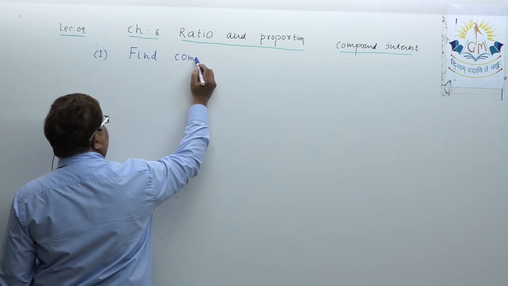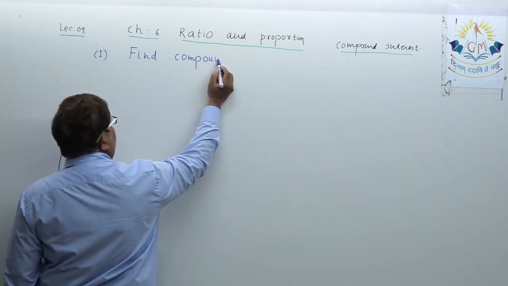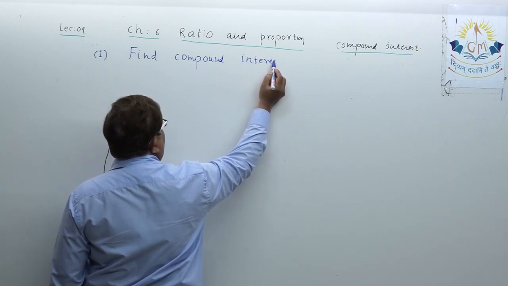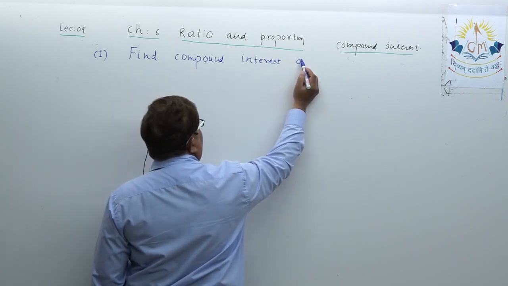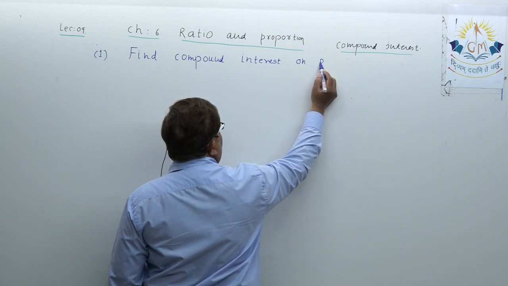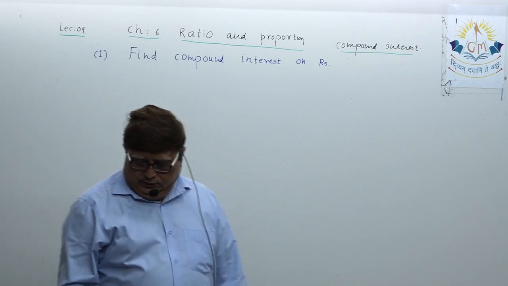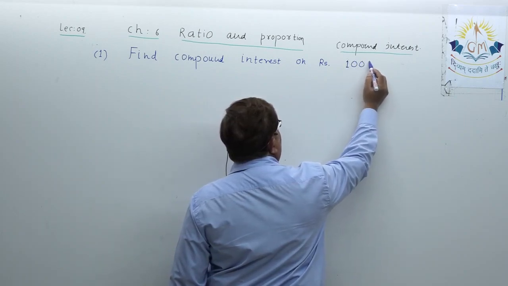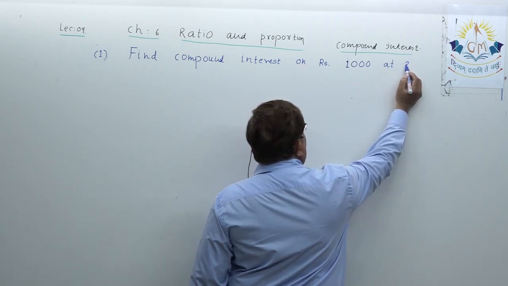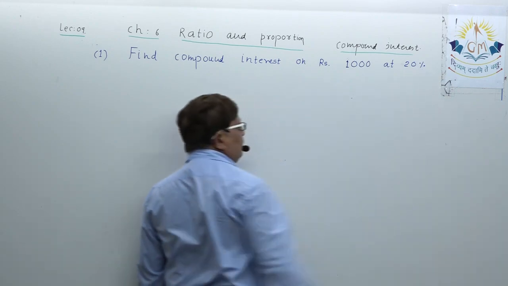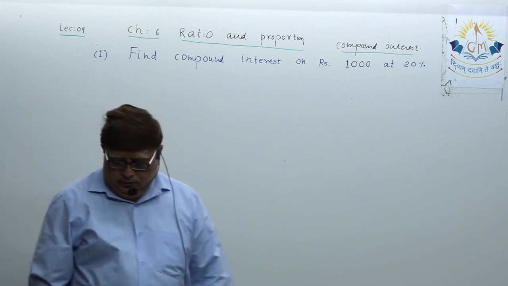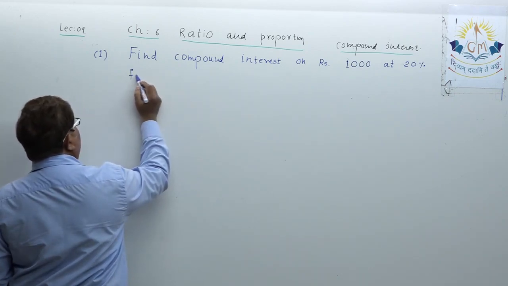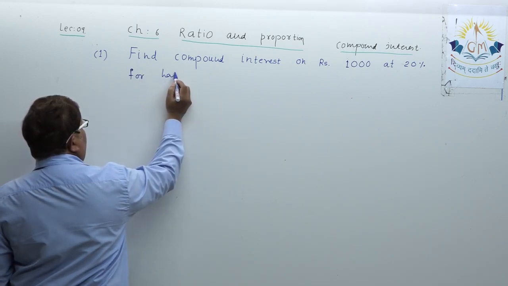Find compound interest on rupees 1000 at 20% for half year.